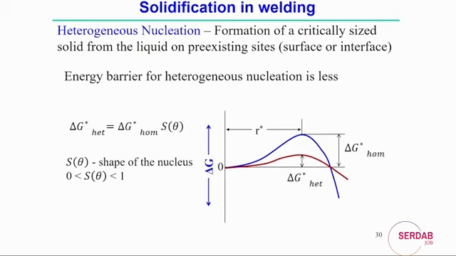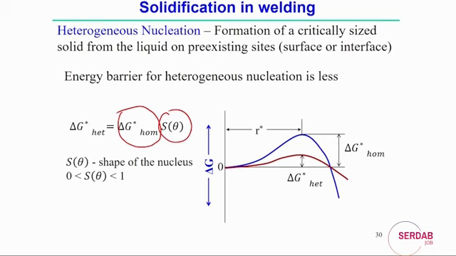If we simply represent the optimum amount of energy required for the heterogeneous nucleation process, it is the optimum energy required for the homogeneous nucleation process multiplied by some factor S, which is a function of theta.